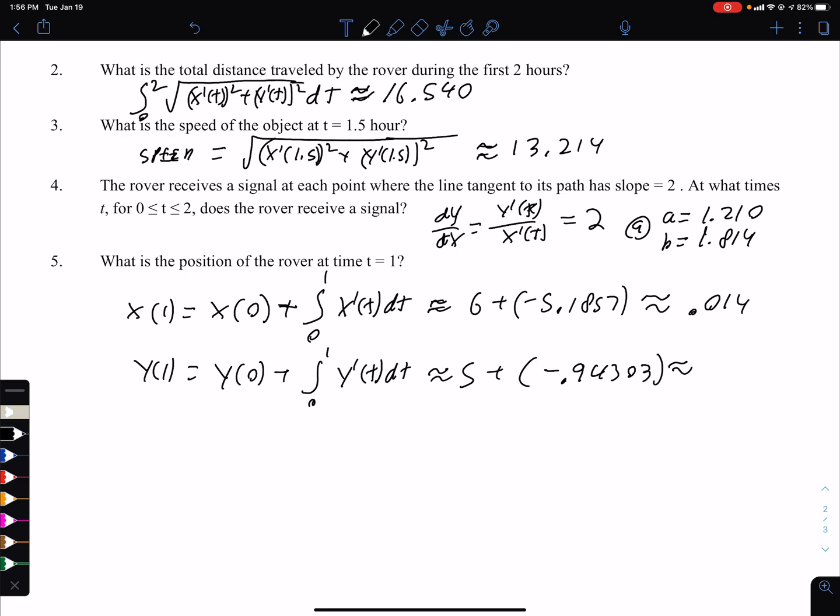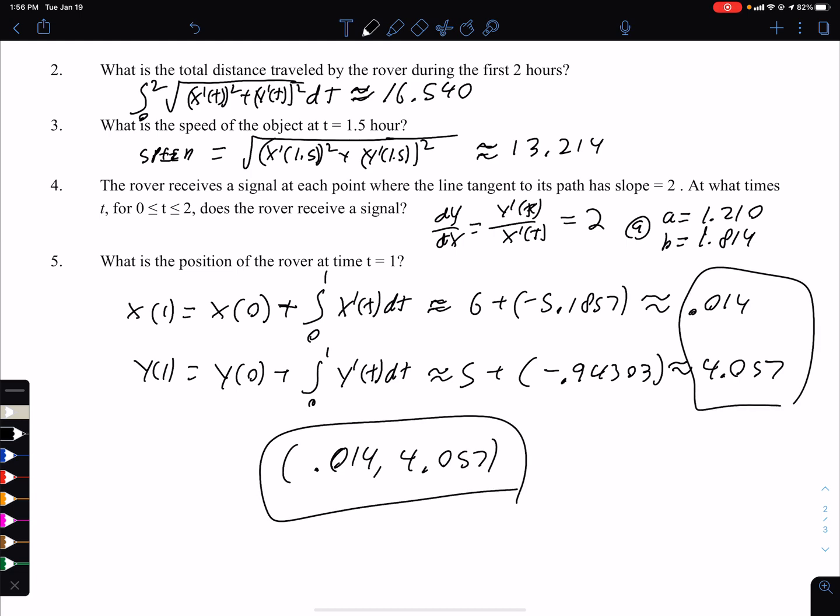If you simplify that and round off, you get 4.057. So your final position, you can write in coordinate pair form if you wish, but this answer that you have here is fine also. And that's it for that question.